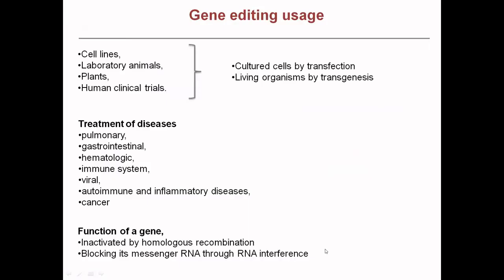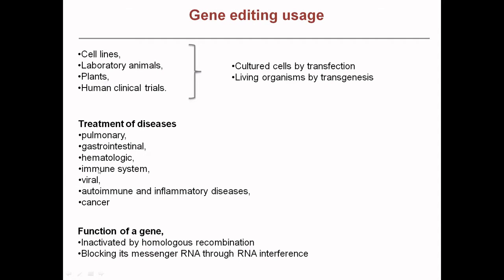How is gene editing used? These are the subjects: cell lines, animals, plants, and human clinical trials, where we culture cells by transfection and living organisms by transgenesis. Our objective is that we can treat pulmonary, gastrointestinal and hematologic diseases and problems in the immune system.